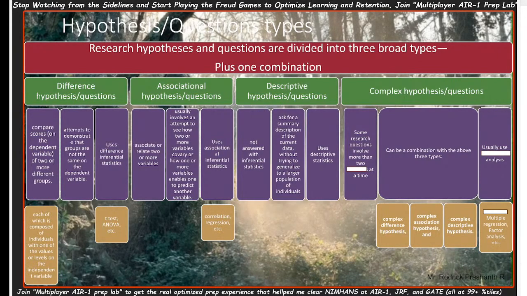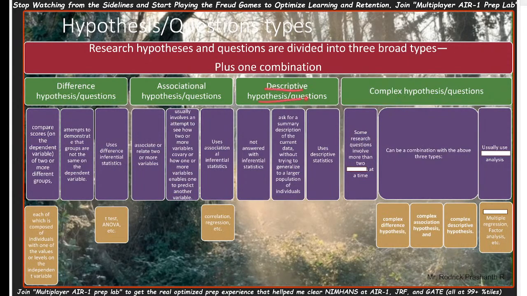So you may hypothesize that the mean will be this. But if it is greater than another group or lesser than another group, right? You may also predict the prevalence of a particular disorder in a particular population. That can also become your descriptive hypothesis.